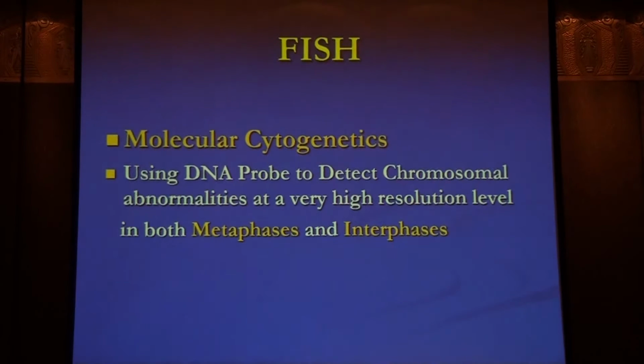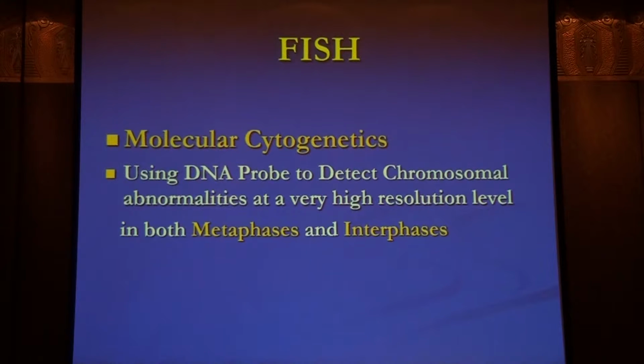But having a molecular technique to detect a specific tiny area on the chromosome using a DNA probe, this is the in situ hybridization, the FISH technique. Since we are using a reporter fluorescent molecule, we call it fluorescent in situ hybridization, or FISH technique.